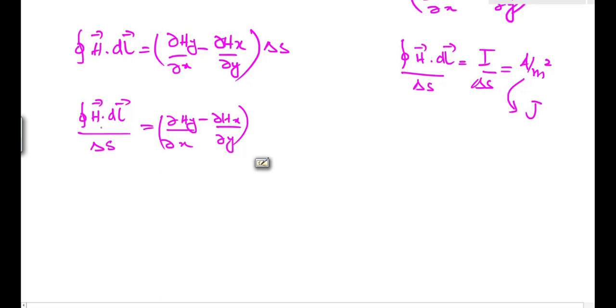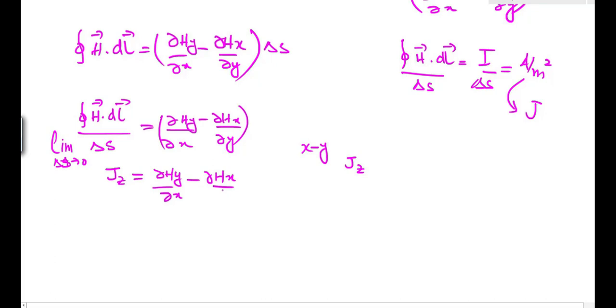Now as we shrink this surface area, as delta s tends to 0, this becomes exactly equal to the current density, and this current density is along the z direction, because we have said that the path is in the xy plane, so the current crossing this xy plane is basically the z component of the current density, which is now equal to partial hy over partial x minus partial hx over partial y.